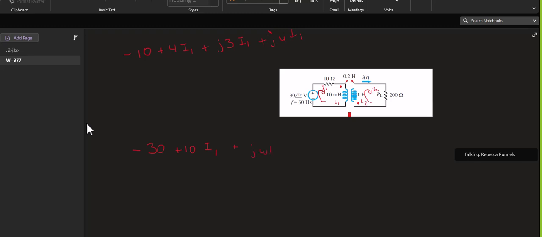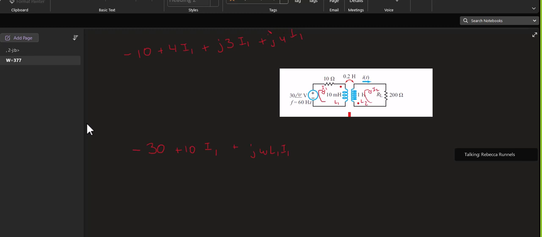J omega L1 I1. And then I have a mutual impedance between these two inductors that's being caused by I2.